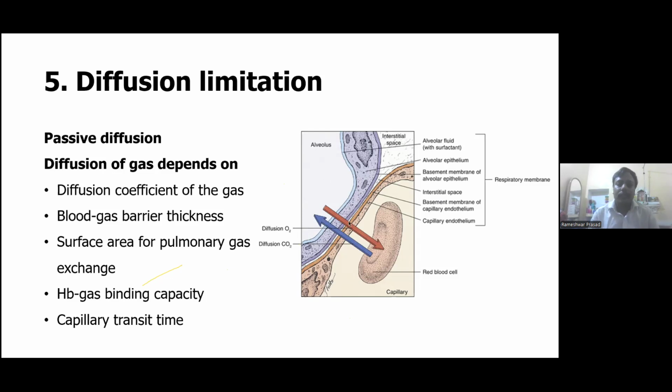Again, there will be diffusion limitation. Fourth is hemoglobin gas binding capacity. Now again, if the hemoglobin amount is less in the RBC, less oxygen will bind to the hemoglobin. Therefore, diffusion will not take place. And fifth is capillary transit time. Let's see what this is.